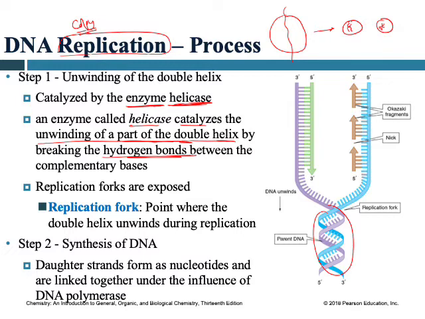If the hydrogen bonds are broken, then the double helix is going to open up easily, right? And once it's open, so this is your parent DNA, right? This chain comes from the parent DNA, and this chain of polynucleotide also comes from the parent DNA, right?